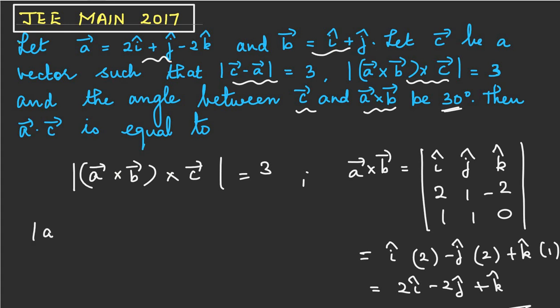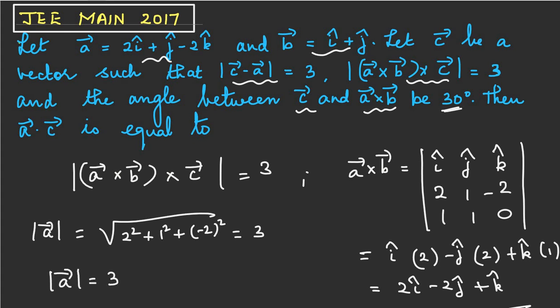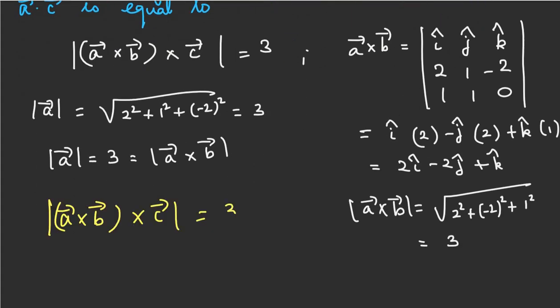So mod of a vector is equal to root of 2 squared plus 1 squared plus minus 2 whole squared, again root of 9, which is equal to 3. So here mod of a vector is equal to 3, which is equal to mod of a vector cross b vector.